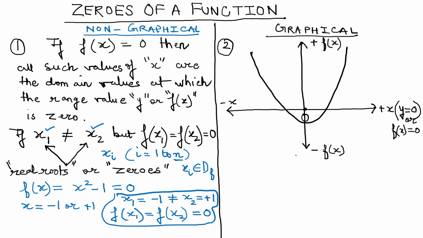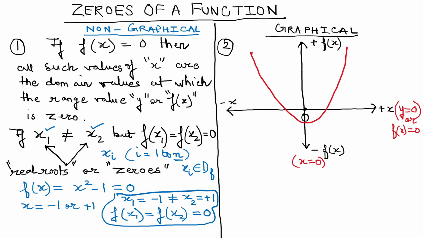Analogously, there is no space for the x coordinate on the y-axis, so the equation of the y-axis is x is equal to 0. Analogously, the equation for the x-axis is either y is equal to 0, or when you talk in terms of a function, f(x) is equal to 0.